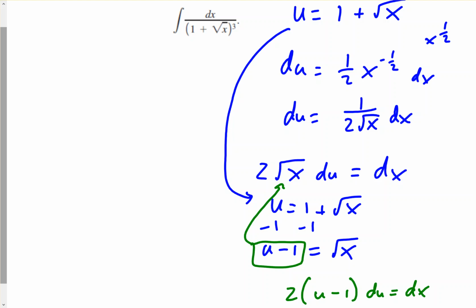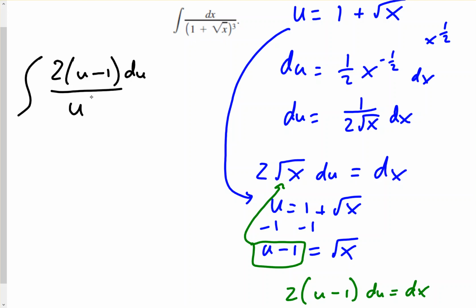Okay, so let's see how this is going to look. So we have integral 2 u minus 1 du over, and then the denominator would be, we just made that become u, so that would be u cubed.